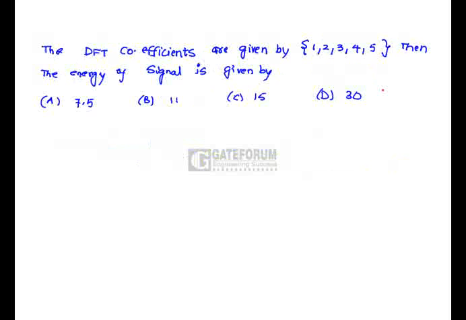The DFT coefficients are given by 1, 2, 3, 4, 5. Then find the energy of the signal. We know the sum of x square n is equal to 1 by N times the sum of X square k; this is in the time domain, this is in the frequency domain. Here N is equal to 5 because there are 5 samples.